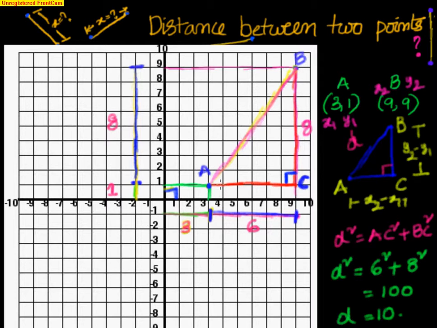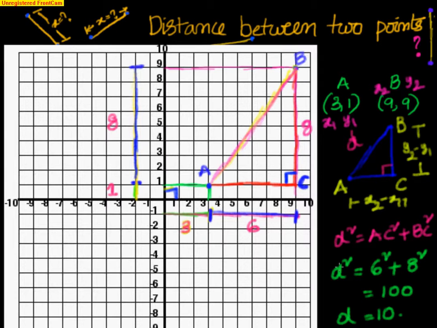Once we know that two sides of a triangle make 90 degrees and we know their lengths, we can apply the Pythagoras theorem. The Pythagoras theorem says that the square of the hypotenuse is equal to the sum of squares of the remaining two sides. That means d square is equal to AC square plus BC square.